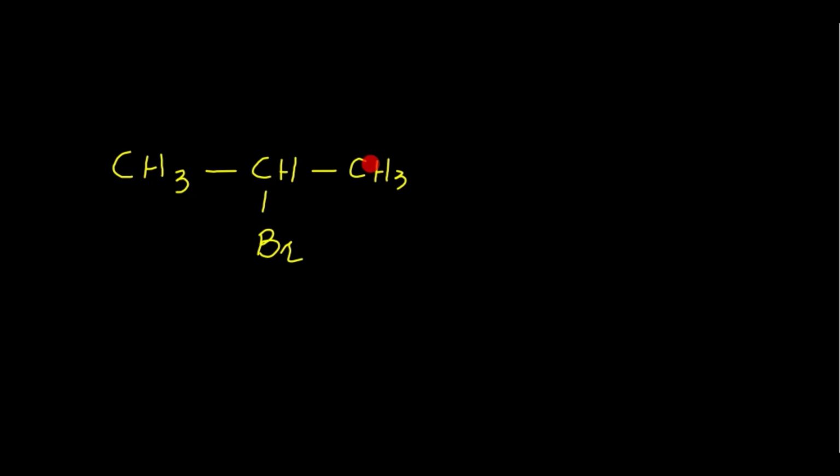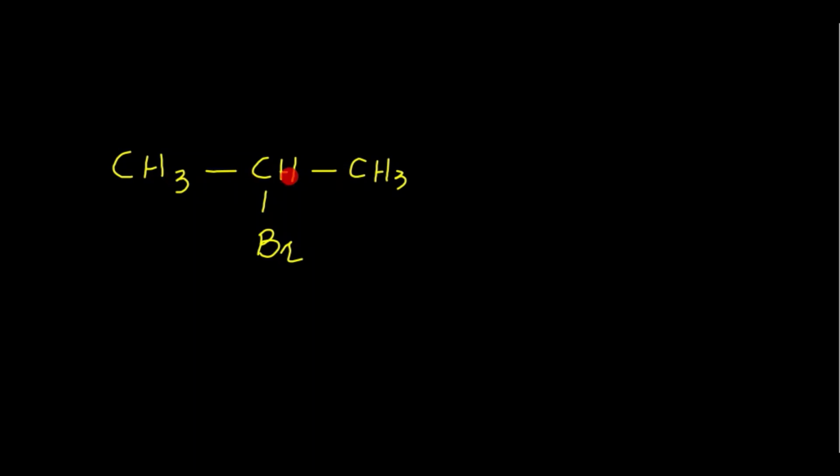Now let me know, students, what is the nature of this alkyl halide? We will focus on the carbon with which the functional group is attached. The functional group is attached with the carbon which is directly attached with how many carbon atoms? Yes, 1, 2.